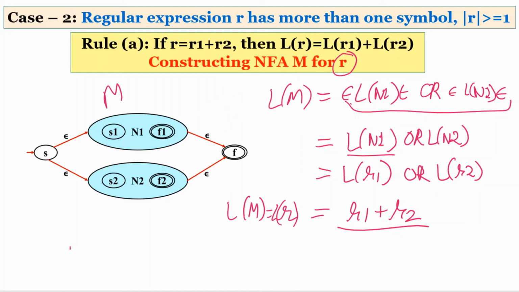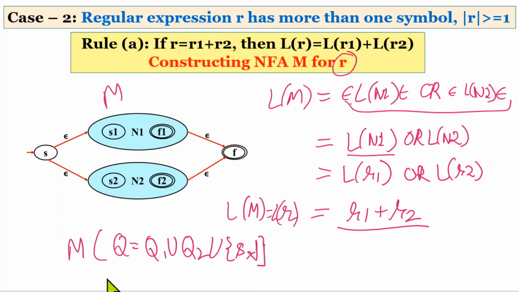So writing the notation for M, we have Q. Q will have all the states of Q1 union Q2, meaning the states of machine N1 and the states of machine N2, represented by Q2, and two extra states, the start state and the final state.